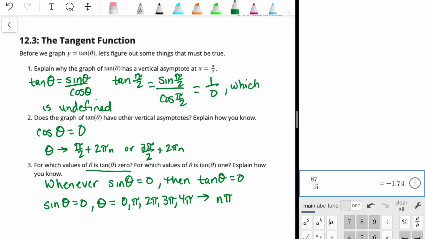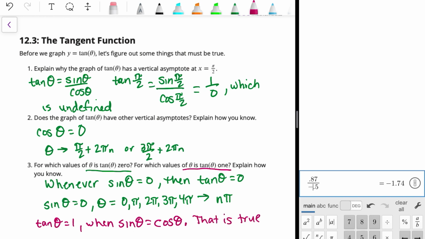Now when tangent is 1: tangent of theta equals 1 when sine is equal to cosine, right? Because the only way you get 1 by dividing is by dividing the same thing by itself. So that is true at pi over 4 and at 5 pi over 4.